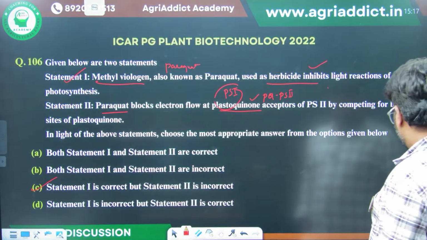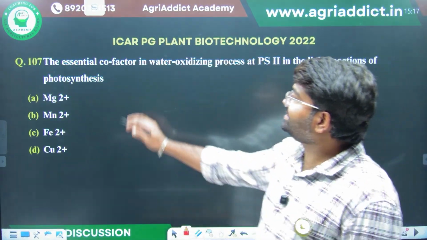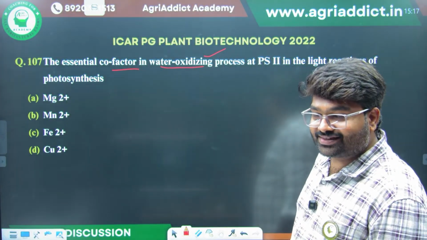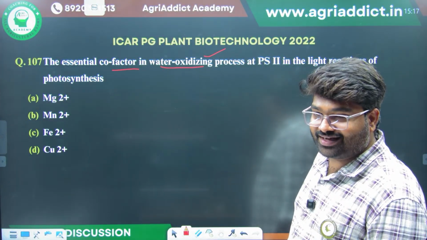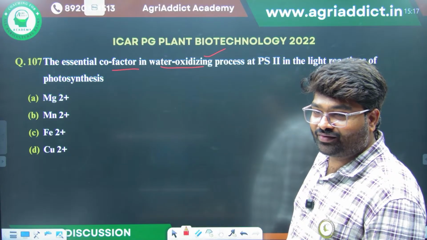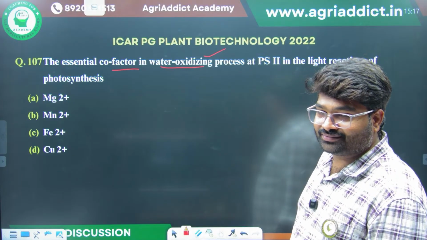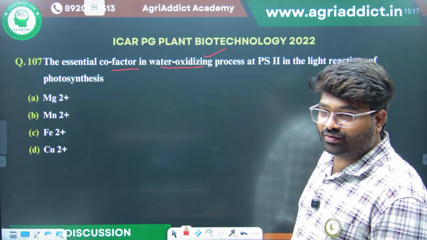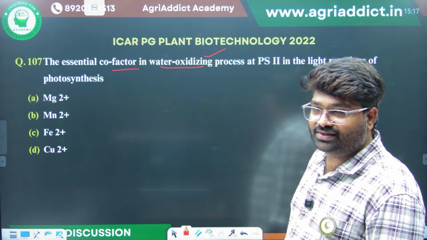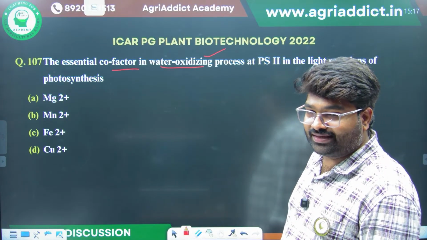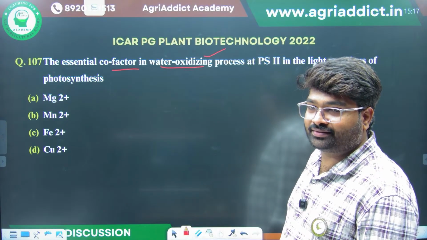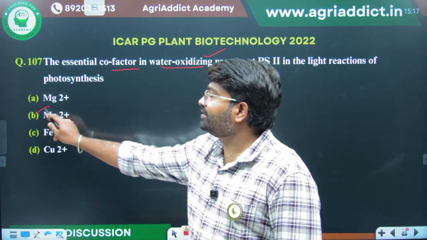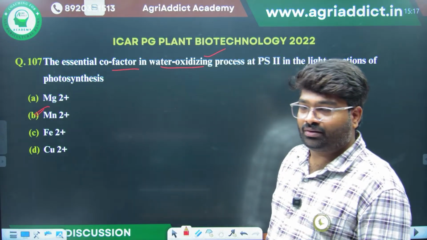Now the next question. The essential cofactor involved in water oxidation. Manganese, chlorine. Manganese and chlorine are involved in the water oxidation cycle. This we have already seen.